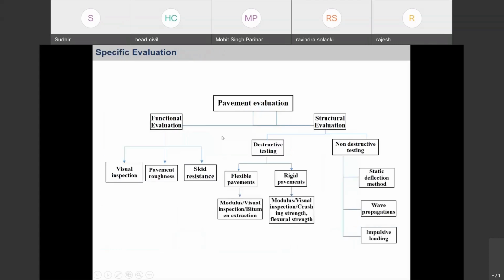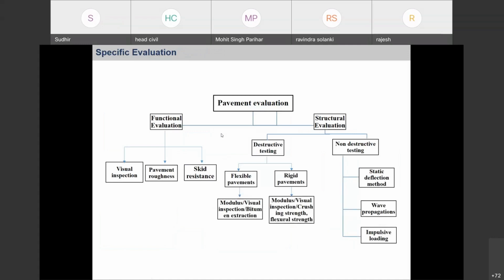Now, to be more specific, in pavement evaluation you might have several components or several options. For example, if we are talking about functional evaluation, you might like to have visual inspection, pavement roughness measurement, and skid resistance measurement.